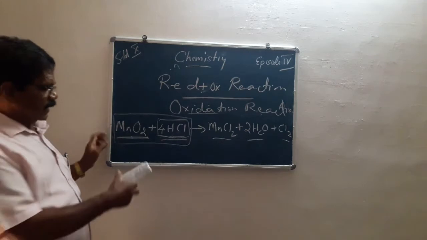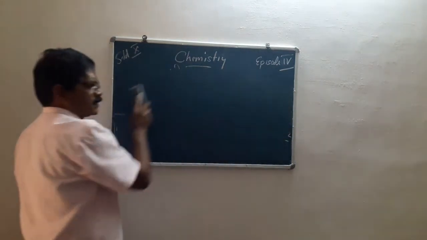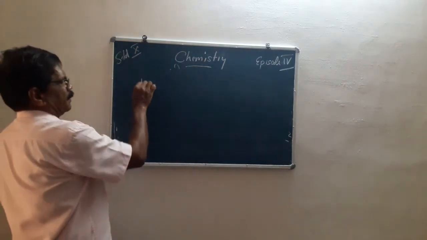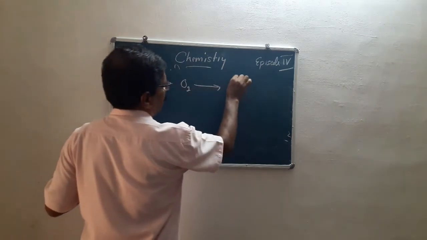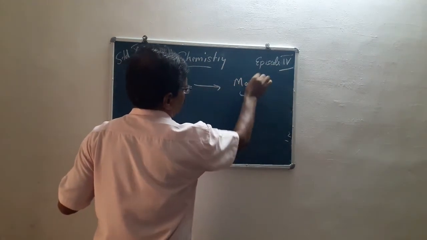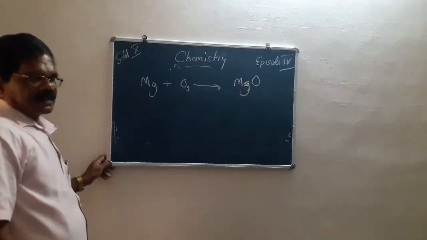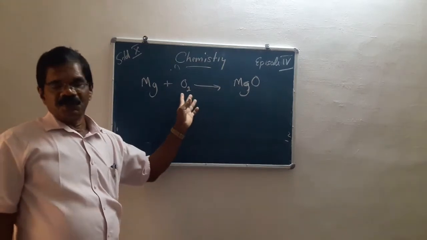So when we see a reaction in this chapter, the first activity given is magnesium ribbon burns in oxygen to form magnesium oxide. In this activity, there is a question given to you.